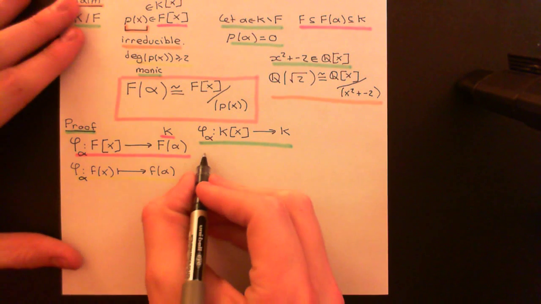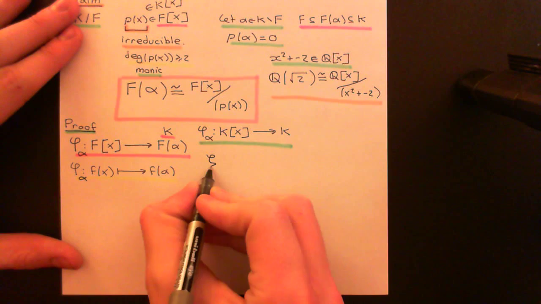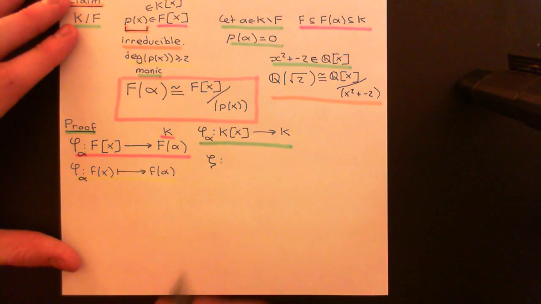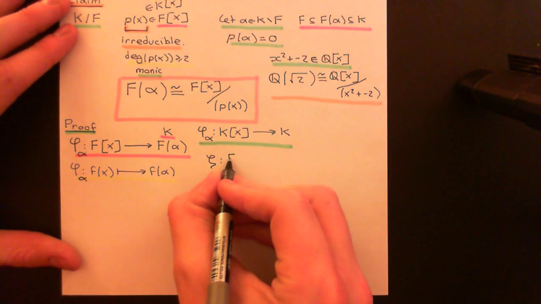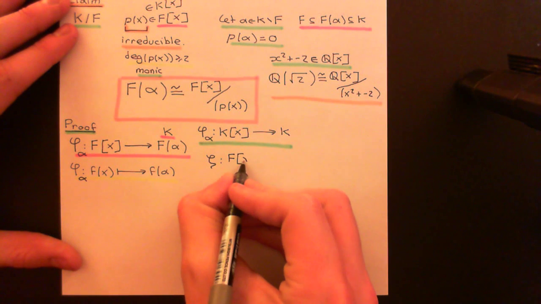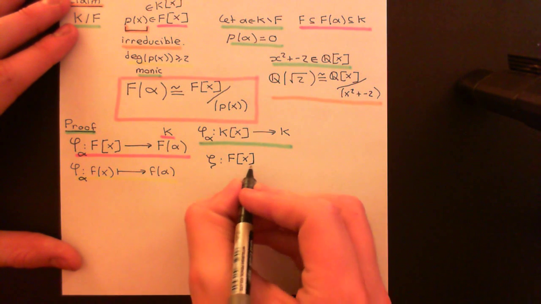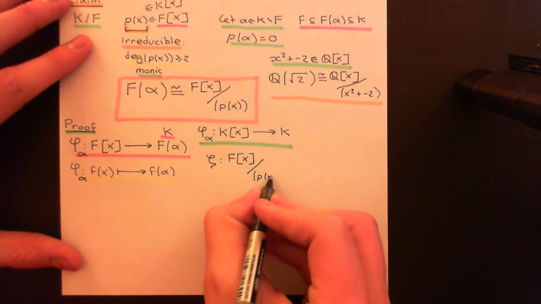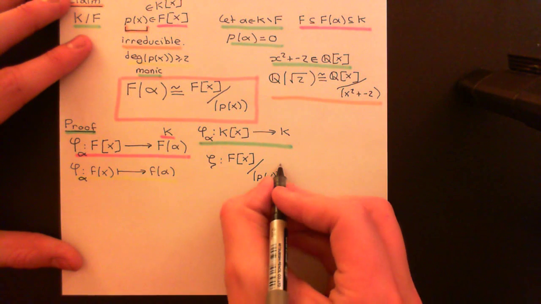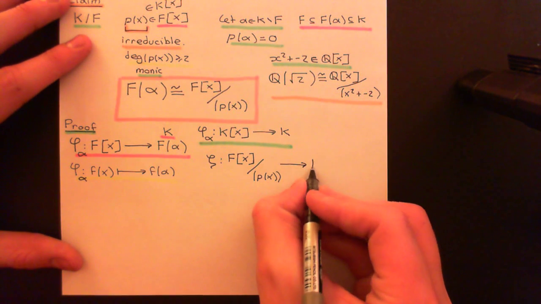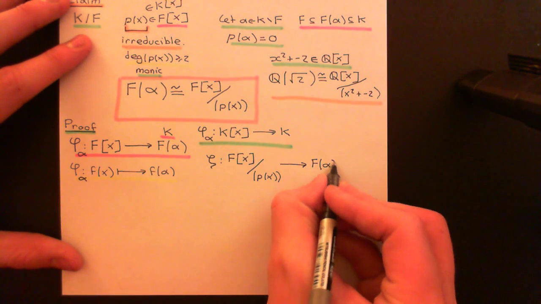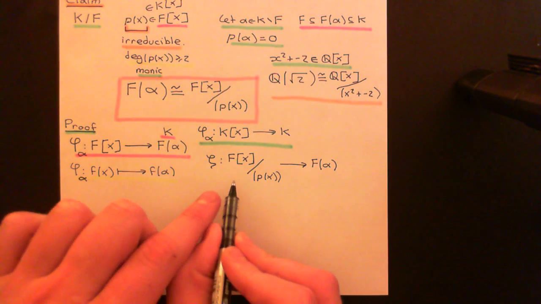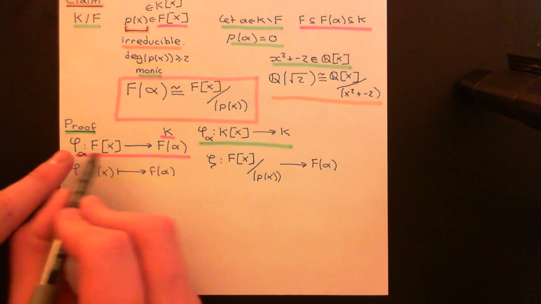I'm going to call this ring homomorphism zeta, my favourite tacky Greek symbol. So we're going to call it zeta, and it is going to be a mapping from the quotient ring, which is the ring of polynomials over the field F, quotiented out by the principal ideal generated by the polynomial p of x, into the field generated by alpha over F. I'm going to build this, and it's going to be a ring homomorphism from this.